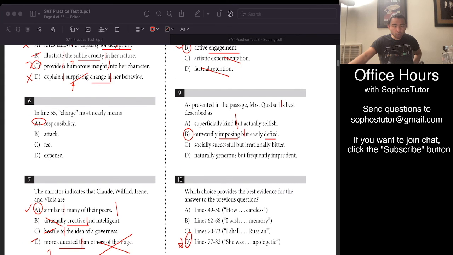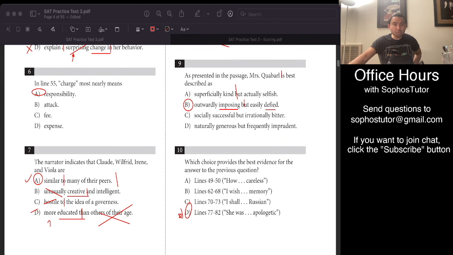Are you defining others of their age? Are they more educated? Okay, educated, that's true, but is it really more than others of their age? And are you making sure that you're not contradicting anything that the passage is saying? A was correct because everything about this didn't contradict anything that was in the passage.